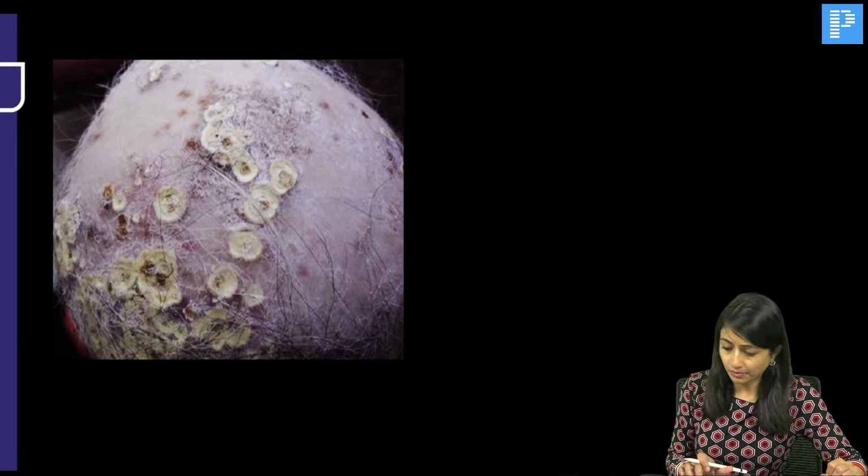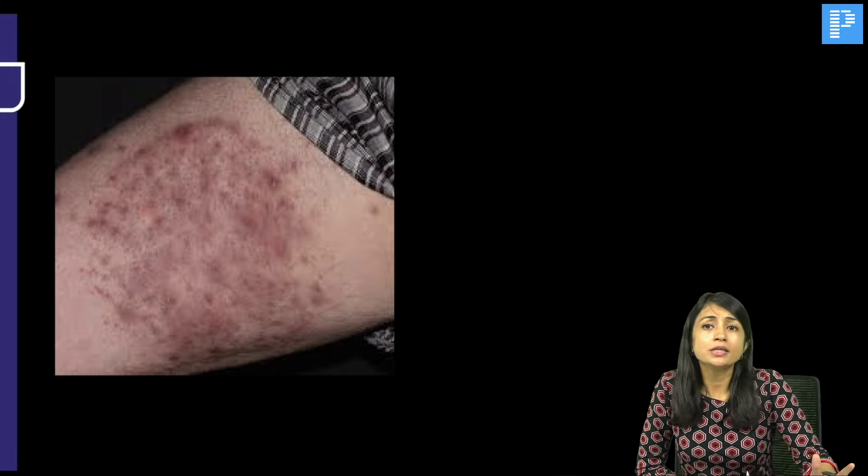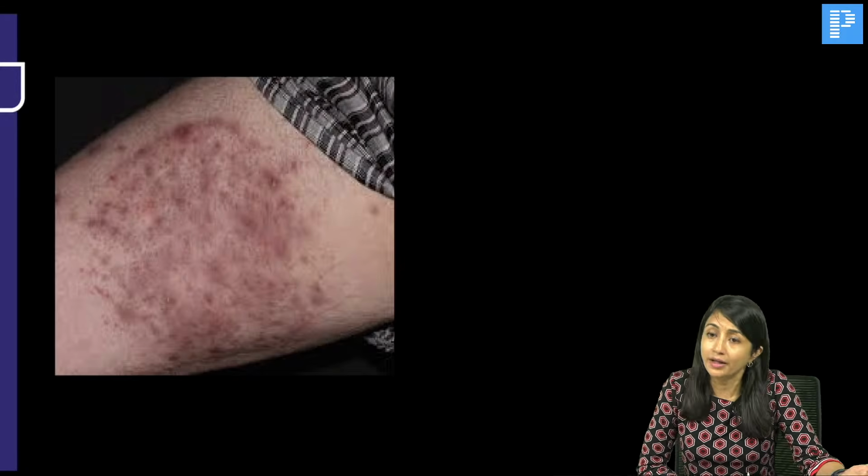Clear? Okay. Now, look at this image and I will give you a scenario. A 30-year-old patient presents to you with a lesion on the thigh. He says that he has been having this lesion off and on since many months. He applies some OTC creams, or over the counter creams. It gets better but recurs.